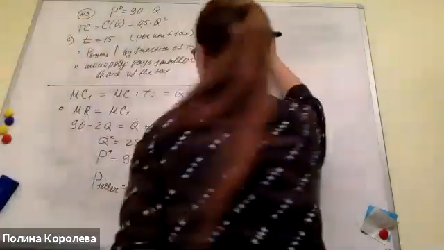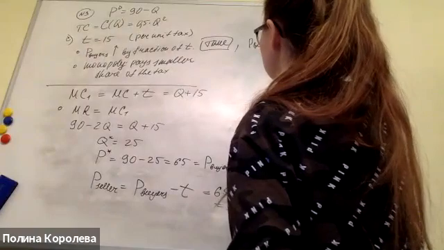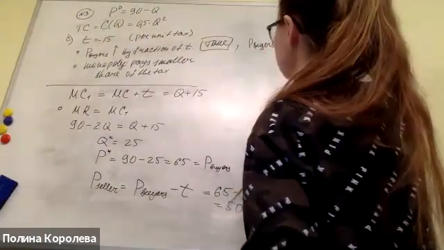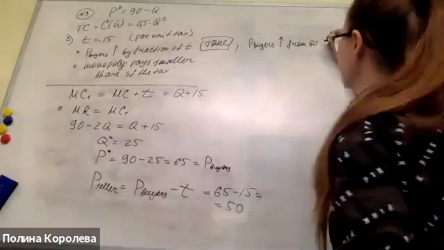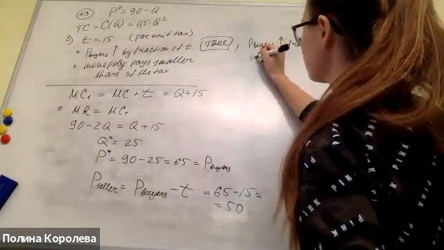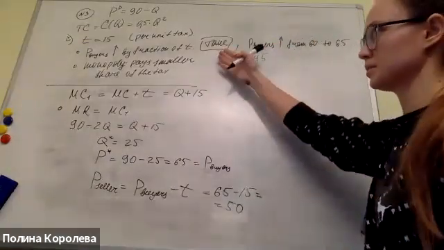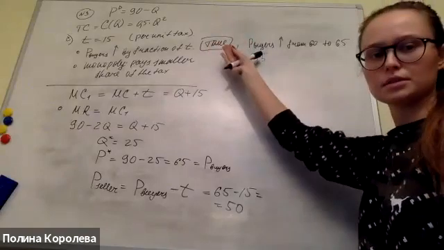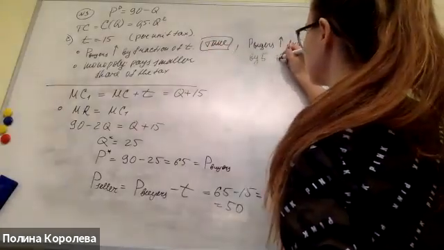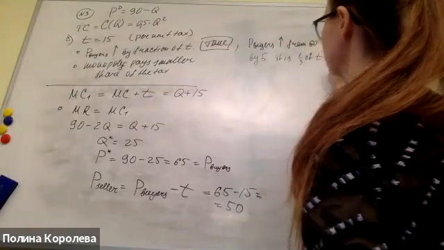Because the price for buyers increased from 60, before they paid 60, to 65. So it increased by 5. And this is the fraction of the tax, because the tax is 15. It is 1/3 of the tax.